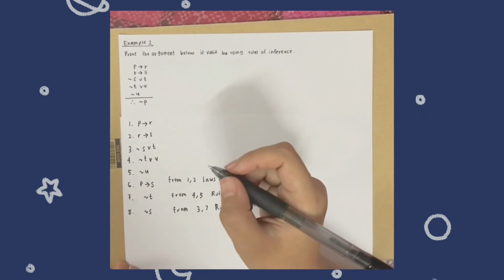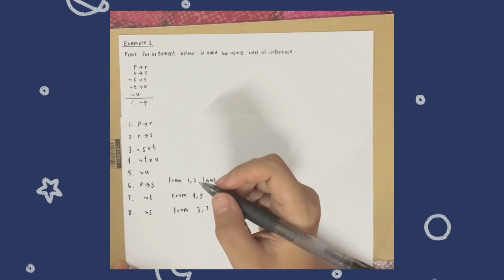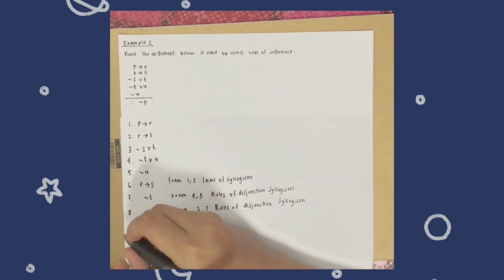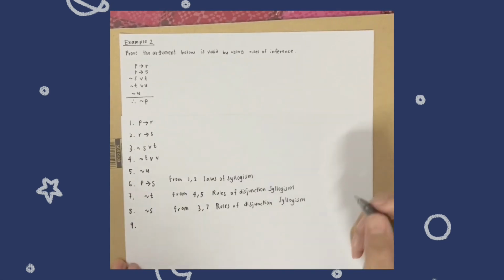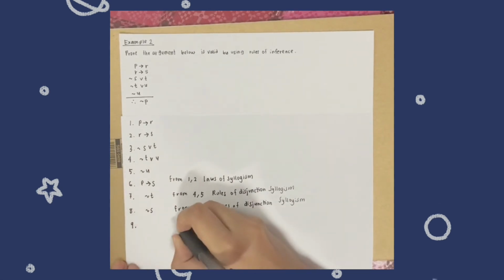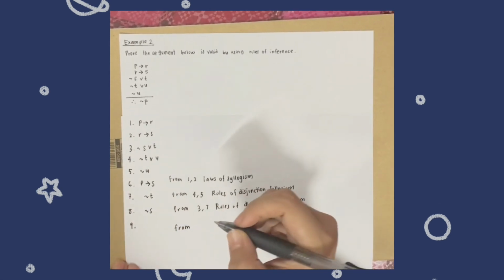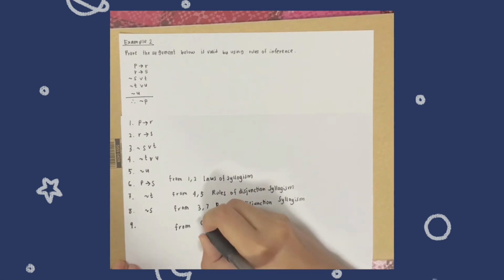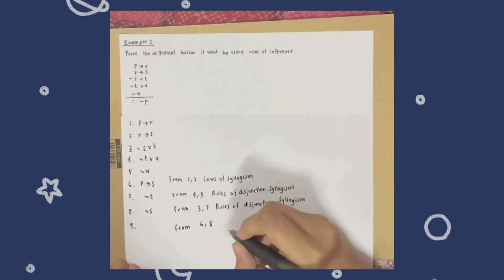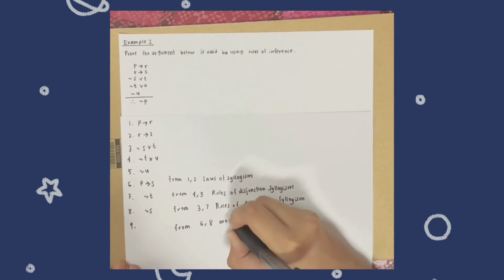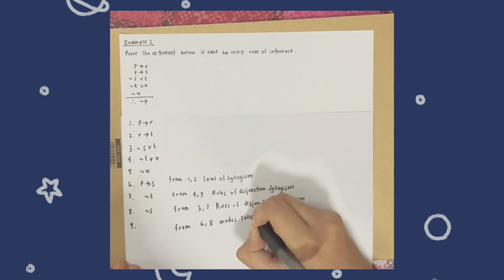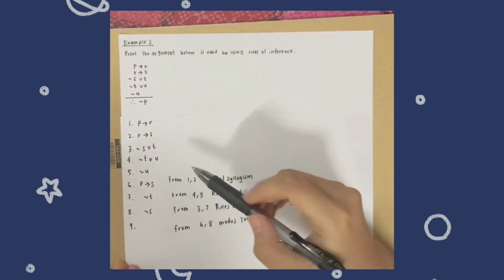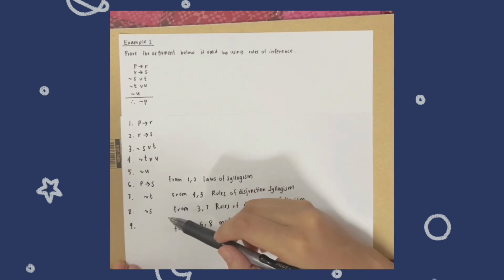And next, from 6 and 8, we can use modus tollens. 6 and 8.